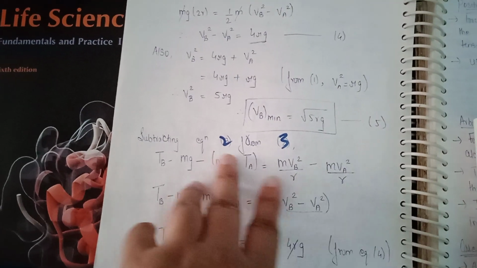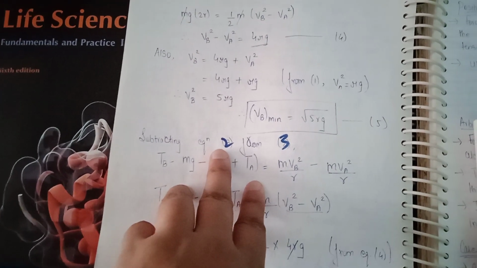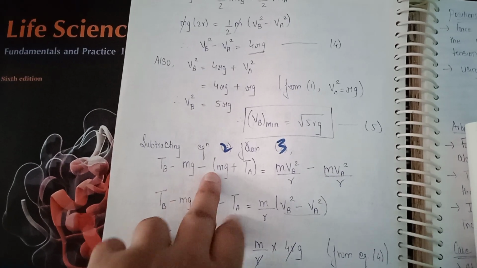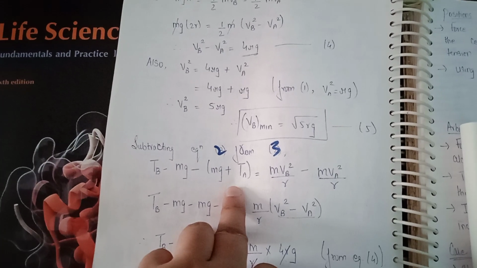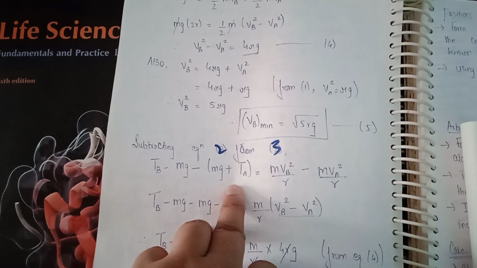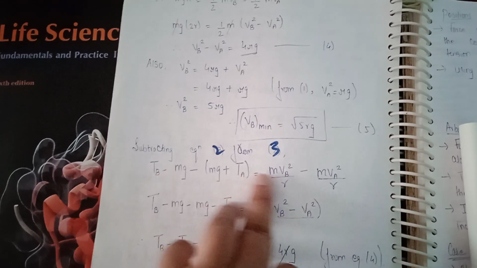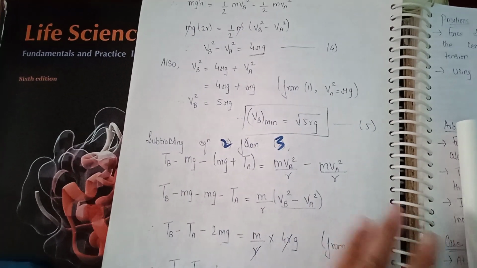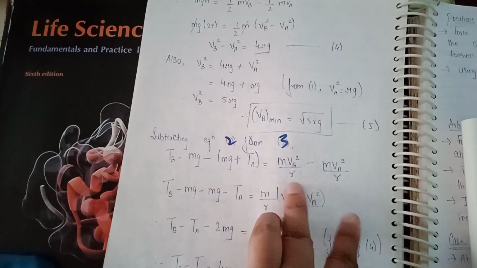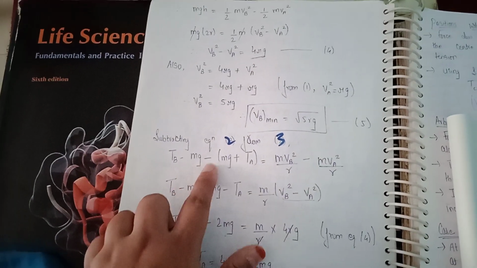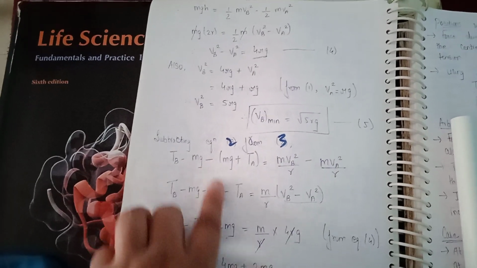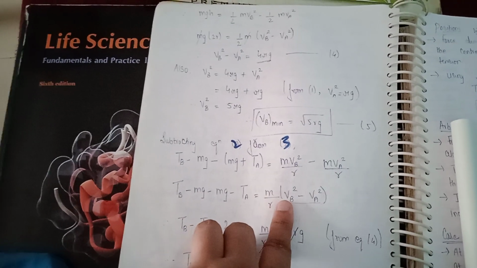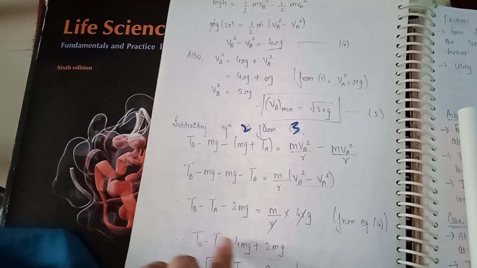Now next what are you going to do? You are going to subtract equation 2 from 3. So Tb minus mg minus mg plus Ta. This was the left hand side, so you are going to subtract the right hand side of the equation as well. So Tb minus mg, the bracket will open, minus mg minus Ta, m upon r is common, so vb square minus va square.